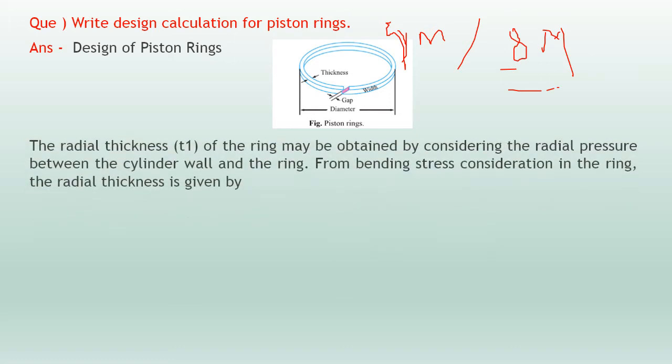so the radial thickness, that is T1 of the ring, may be obtained by considering the radial pressure between the cylinder wall and the ring.